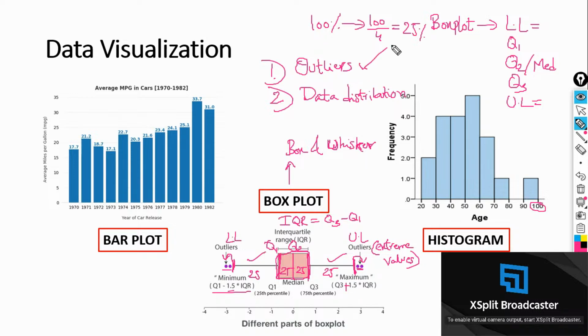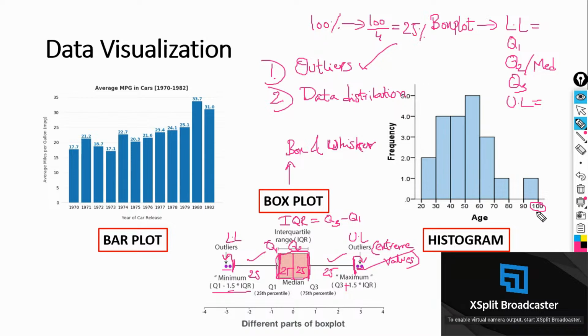So the box plot is the only plot in the entire data visualization which talks about outliers with confidence. I can say with confidence that yes, I have outliers in my data by visualizing the box plot. By just looking at other plots, we cannot comment the same.